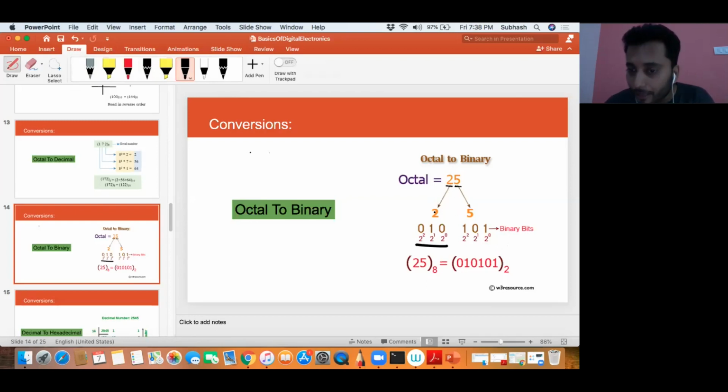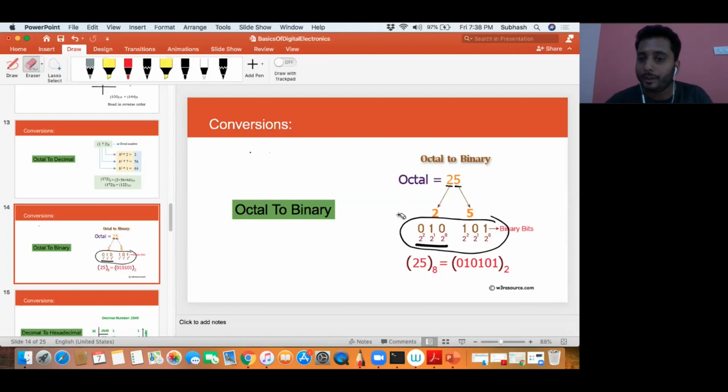If I take out this 2 separately, 5 separately, and then I represent 2 in binary, which is nothing but 0, 1, 0, and then I represent 5 in binary, which is nothing but 1, 0, 1. After representing each individually in binary and then putting it together, 0, 1, 0 and 1, 0, 1 together, that forms the binary format of 25.